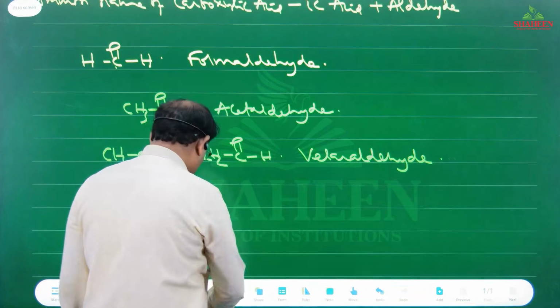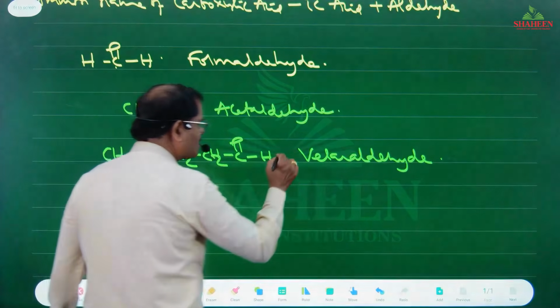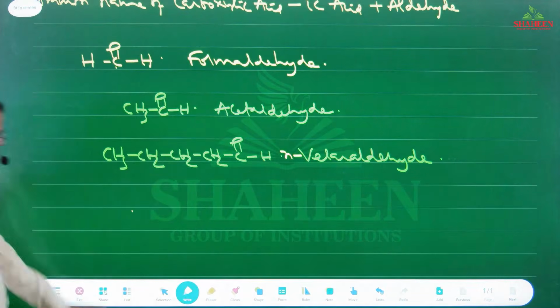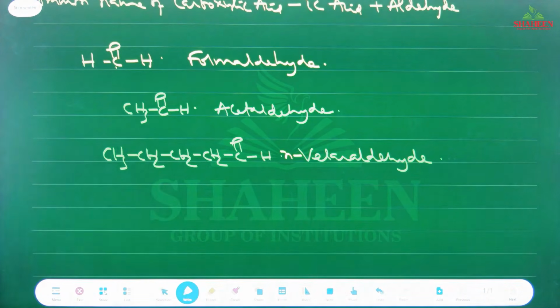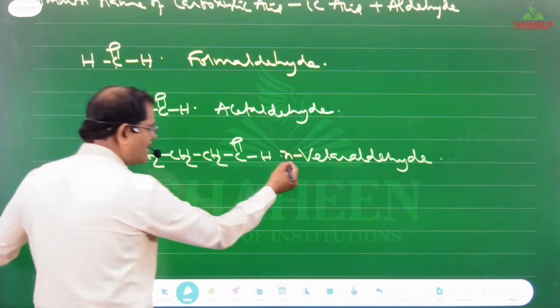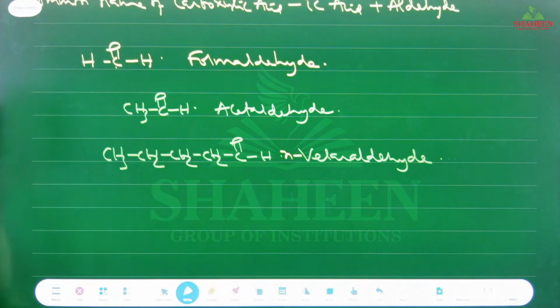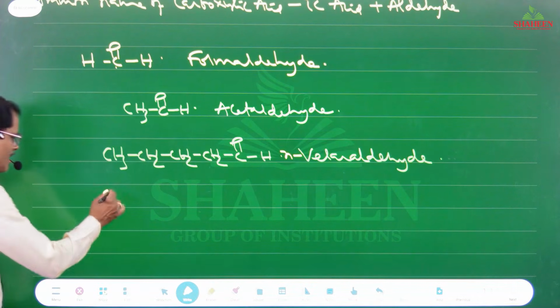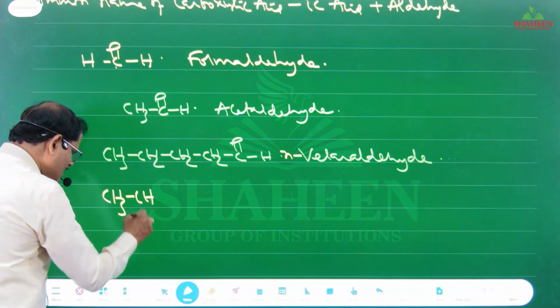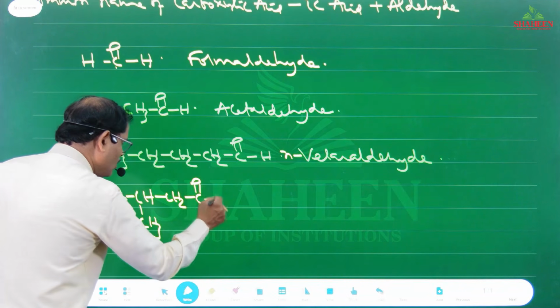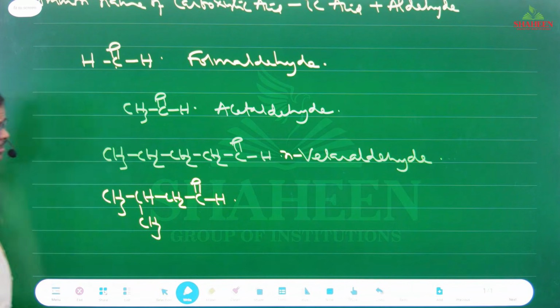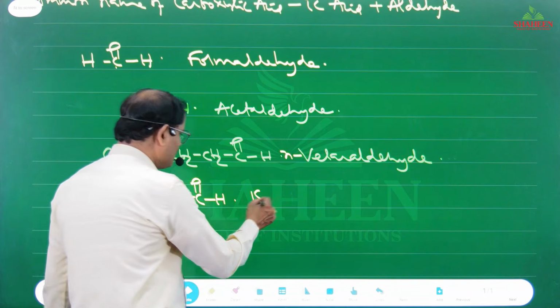Valeraldehyde can also be written as n-valeraldehyde. Why? Because there are no branches. When the carbon chain in the molecule is without branches, we can add n. n indicates normal, no branches. Similarly, we can write CH3, CH2, C double bond OH. This is called isovaleraldehyde.